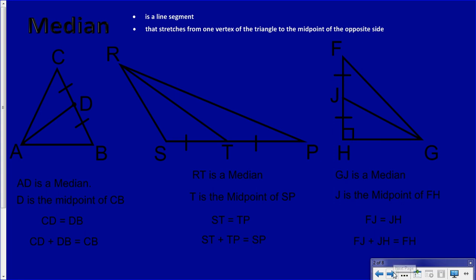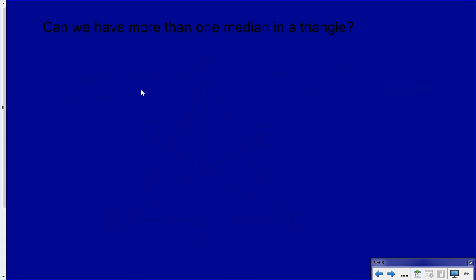Okay? Now the next thing I want to ask you is, can we have more than one median in a triangle? So let's look at our first example. We have triangle ABC here. Let's draw our first median from A all the way down. We'll call this point F. Since this is point F, we know that BF is going to be congruent to FC.